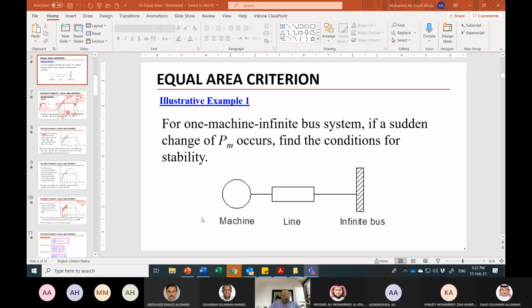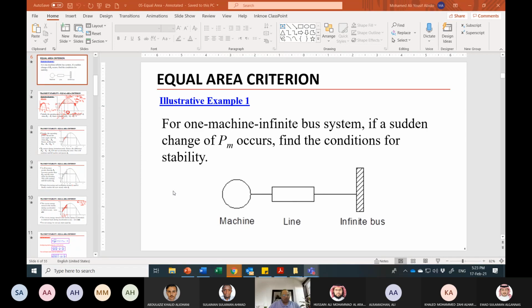We already covered it. We have a generator connected to an infinite bus, and as we mentioned earlier, one of the limitations of the equal area criteria is that it is applied only for a single machine infinite bus. So you have to neglect the interaction among the generators if you are handling a multi-machine system.